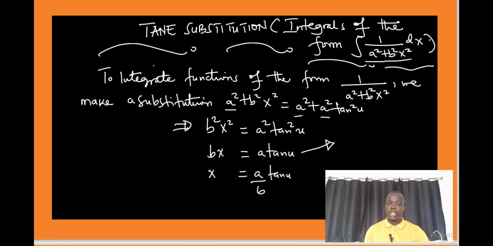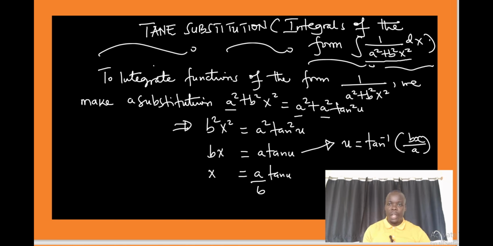If bx equals a tan u, then making tan u the subject, it would be bx out of a. That means u alone would be expressed as tan inverse of bx divided by a. That is something that we shall apply at a later stage as we look at our examples.